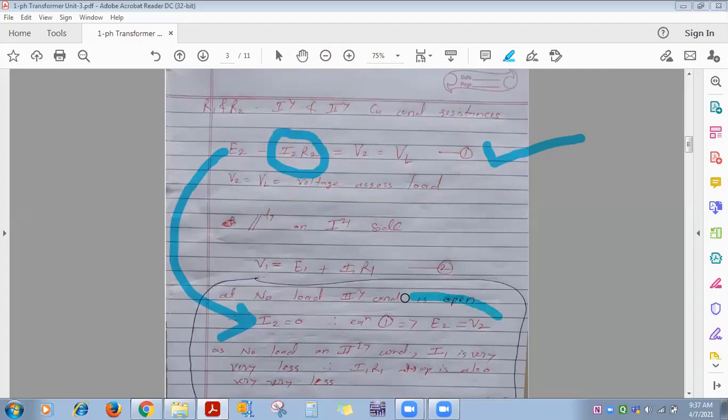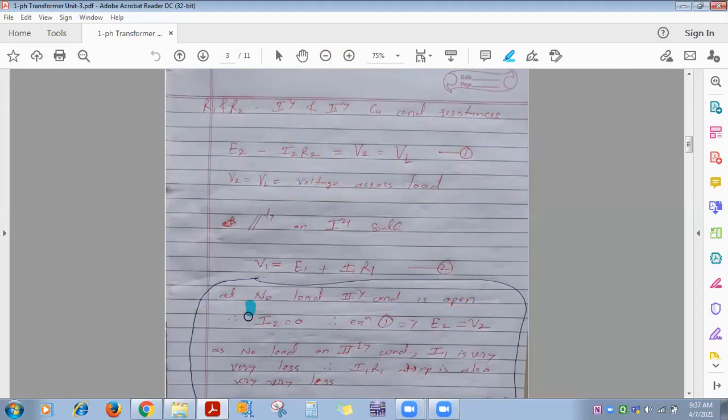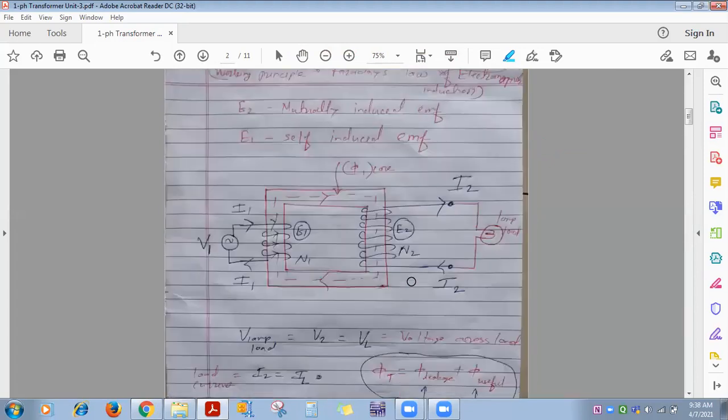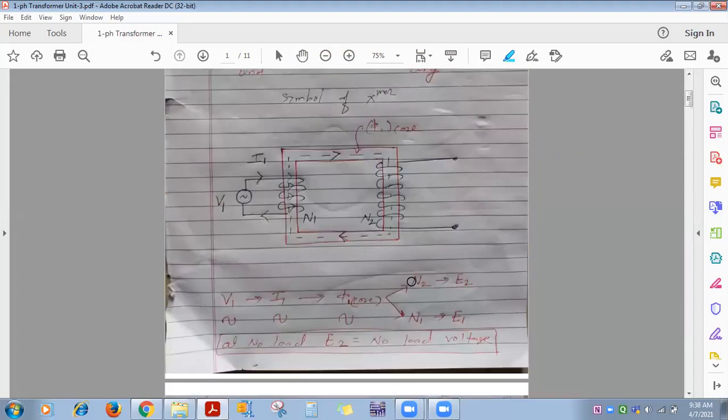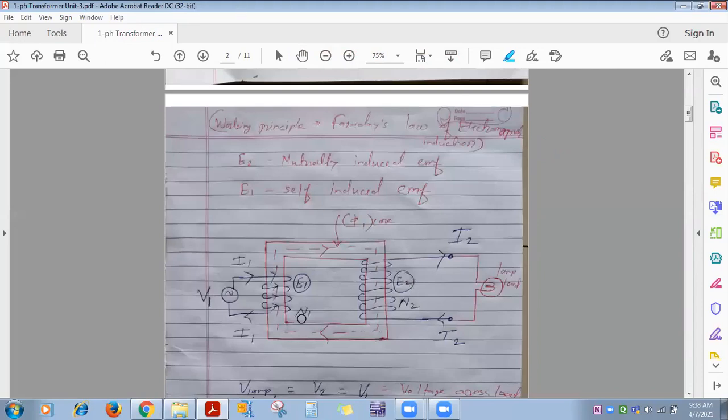Okay, so E2 is equal to V2, isn't it? This is on the secondary side. Now what will happen on the primary side? See, there is no load on the secondary, I2 is 0. Okay, we'll see soon in the transformer. Suppose V1 we apply.